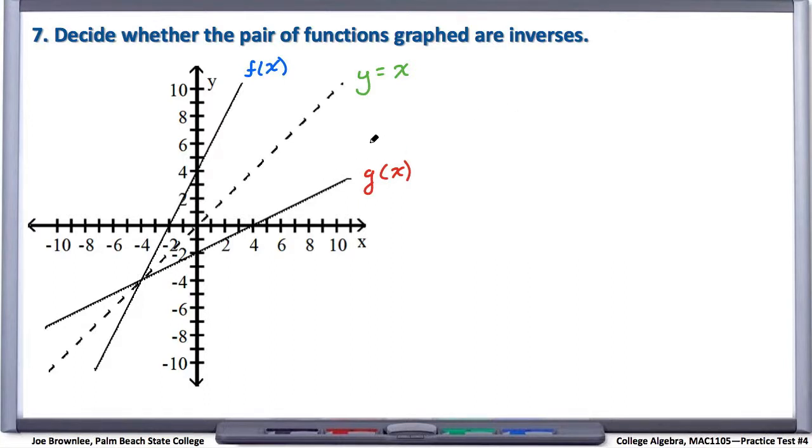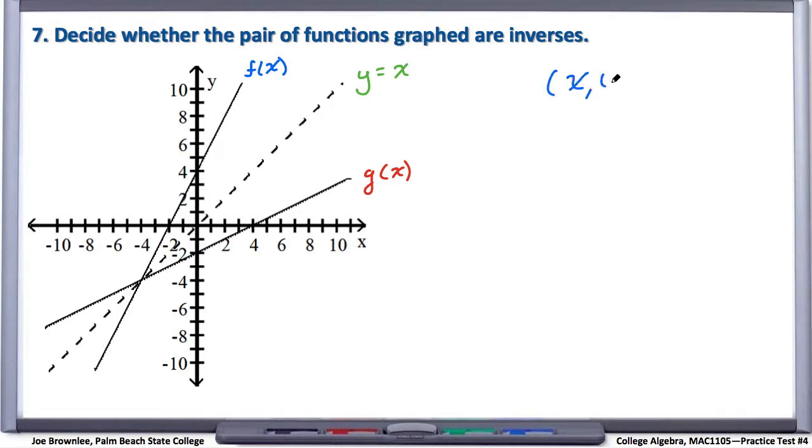Now, a lot of people, especially those who are more visual, don't have any problem seeing that. I'm not quite so visual, and so sometimes that doesn't really help me. So what I like to do is find 2 or 3 points on the f function. And then once I have those points, I want to see if I can find the inverse, the opposite of those points on the g function.